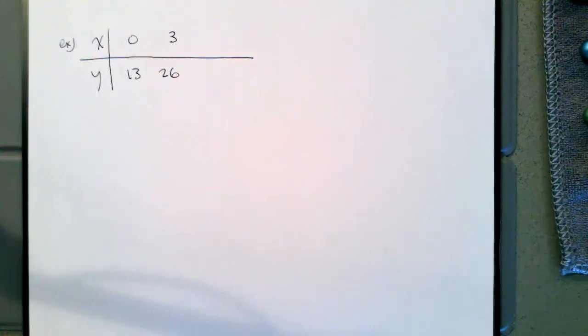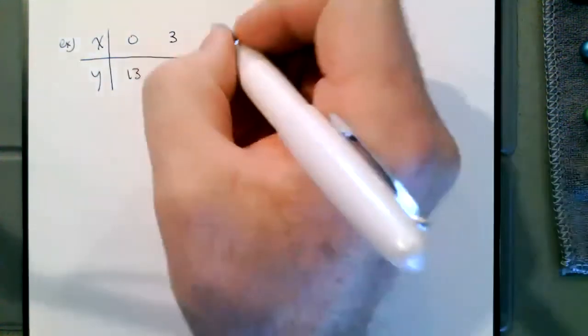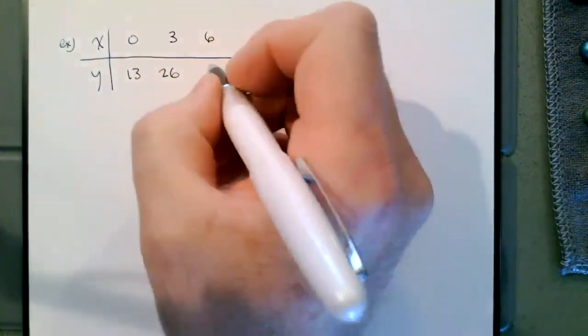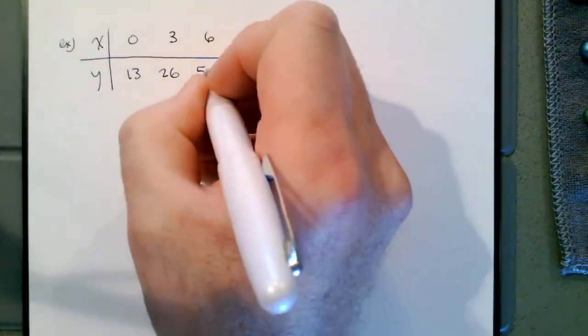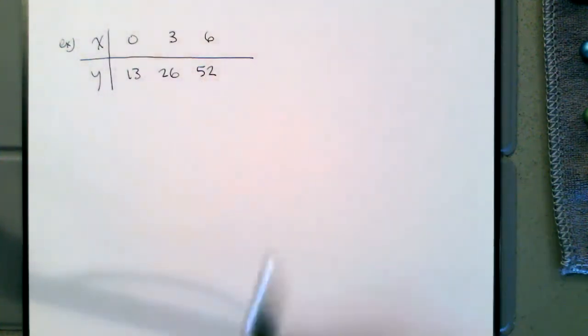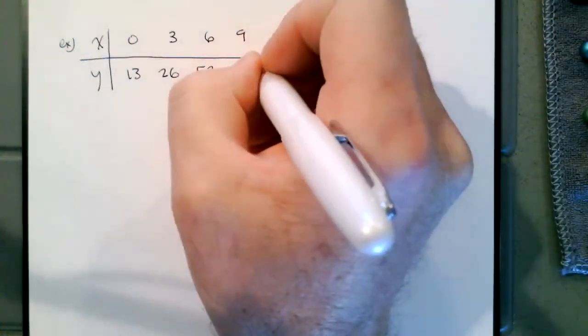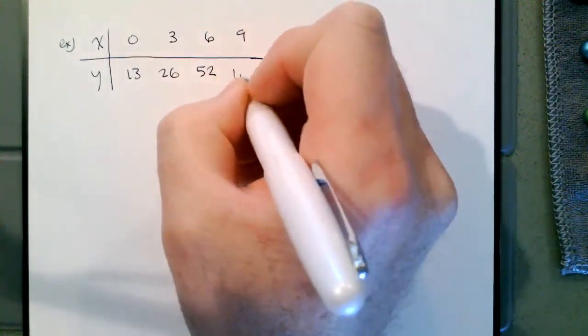Right now, not enough to make a conclusion about what's going on. But then let's suppose at 6 units, we are up to 52. And then at 9 units, we're up to 104.